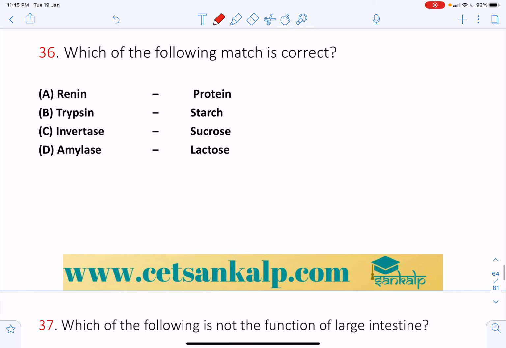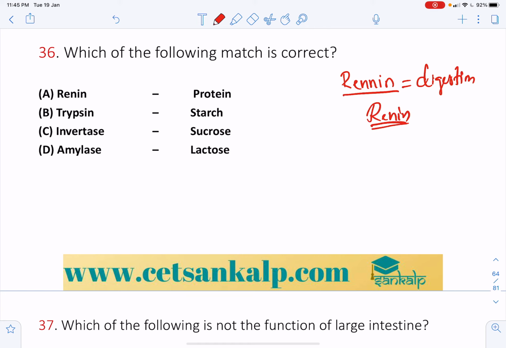Next, we know that renin is the enzyme involved in digestion, right? Whereas renin is produced by the kidney, mainly by the juxtaglomerular cells. In the excretion chapter we can study about these juxtaglomerular cells, JG cells.